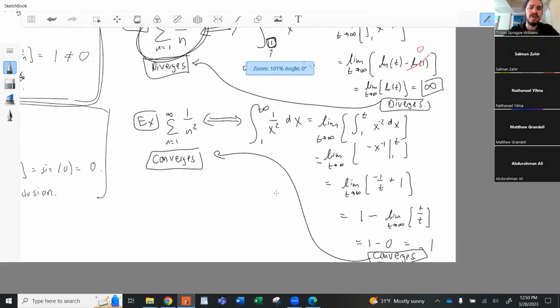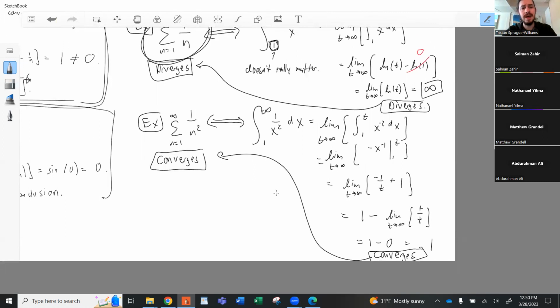The series and the associated improper integral either both converge or they both diverge. But if they both converge, that doesn't mean they both converge to the same value.